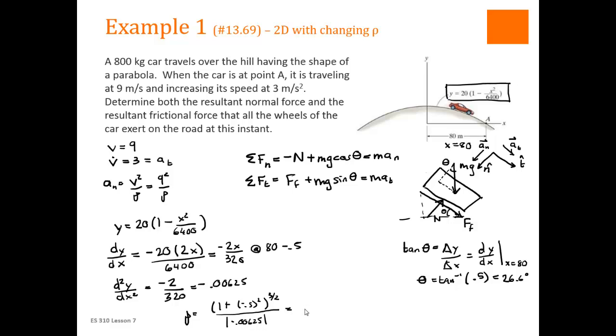Plug those numbers in, we get 223.6 meters. Alright, so now we have rho, so we can put it in up here, and we can find AN, which is 9 squared over 223.6, which gives us 0.362.